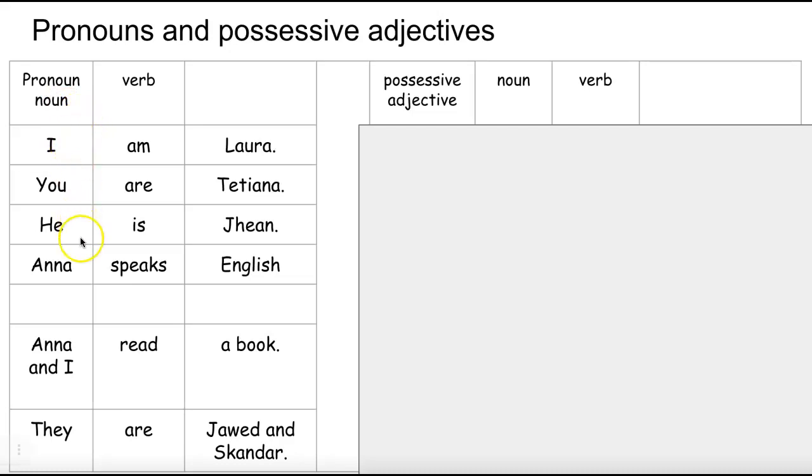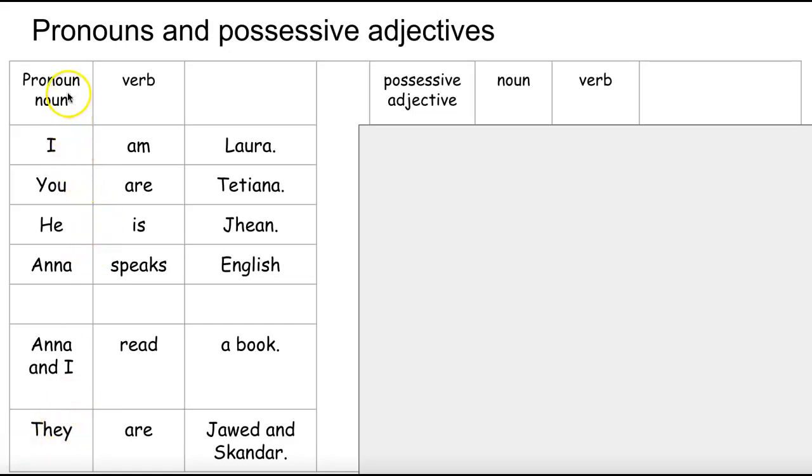And here we have nouns, Anna and I. We can replace a noun with the pronoun I, you, he. If we wanted to get rid of Anna, it would be she. And if we wanted to get rid of Anna and I, we would replace it with we and they.